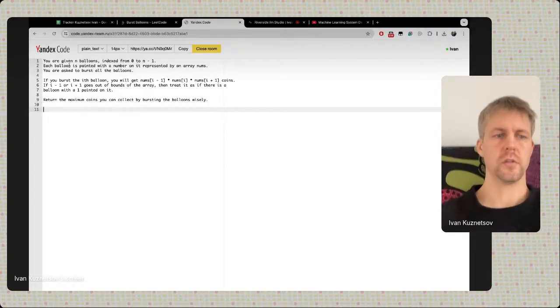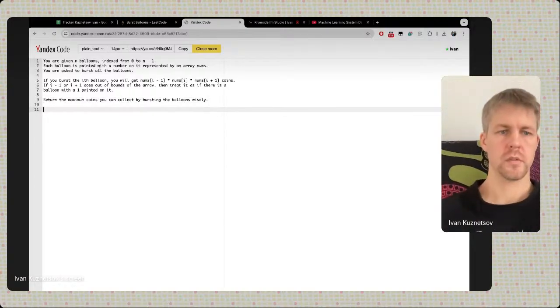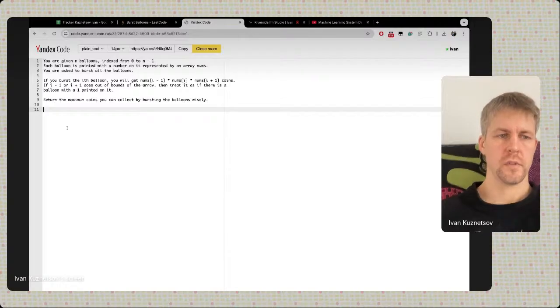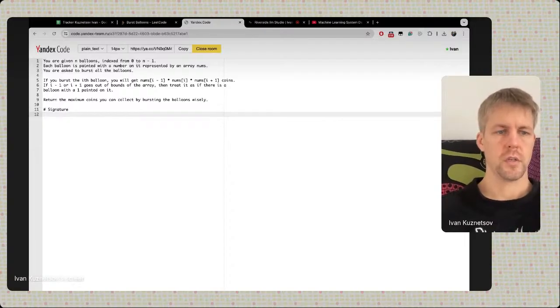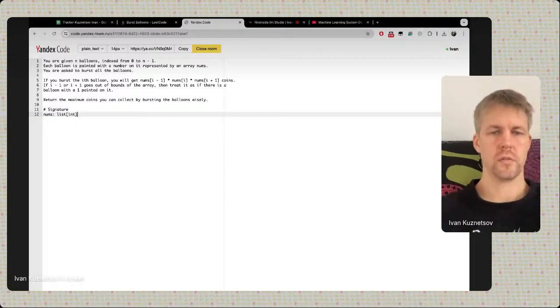Okay, so you're given n balloons, indexed from 0. Each balloon is painted with a number on it, represented by an array nums. So nums is a list of integers. You are asked to burst all of the balloons.